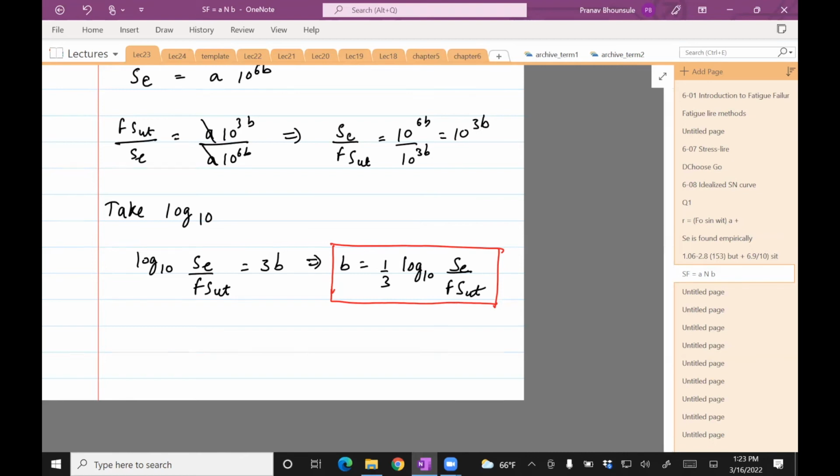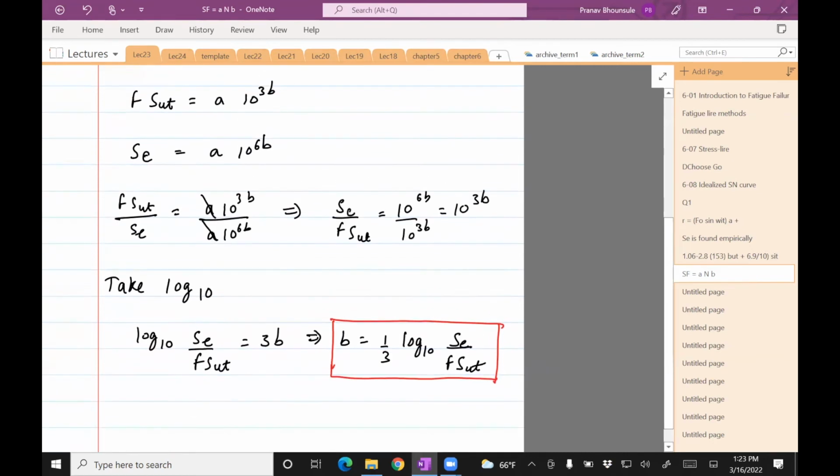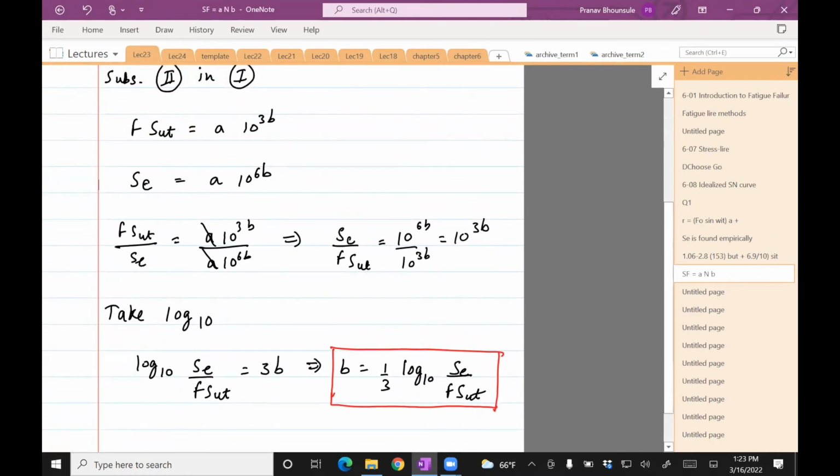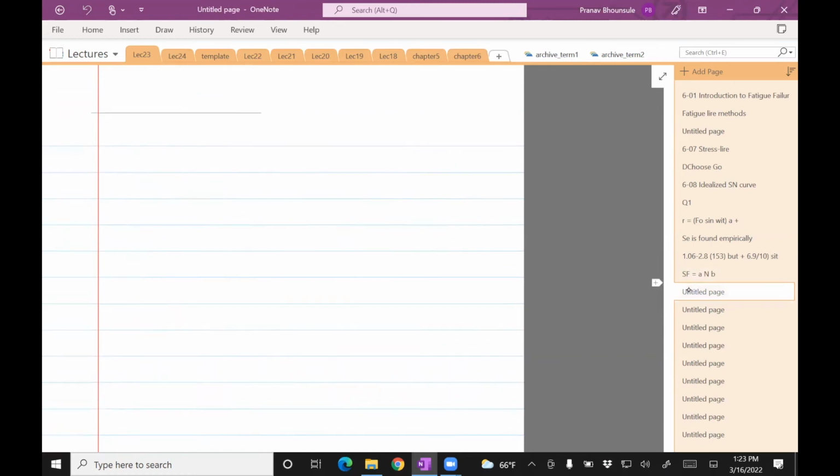Okay, so in order to solve for a, the easier way to get a is to take log of any of those two equations. For example, log SE from the second equation. Why don't I just do it so that you have it complete? Let's take log of the second equation. SE equals a times 10 raised to 6b.